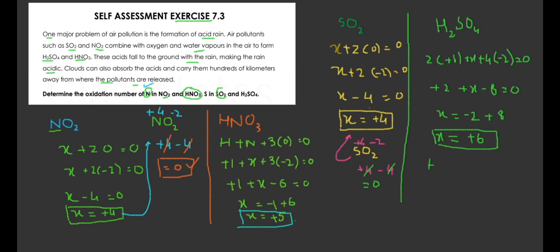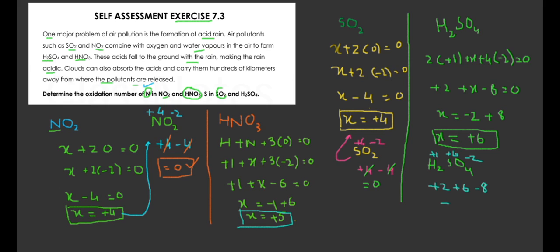Now if you want to check it, you can check it like this, H2SO4. As you know, for oxygen the oxidation state is -2, for hydrogen that is +1, and for sulfur we have found that it is +6. So 2 multiplied by +1 you will get +2, for sulfur that is +6, and for oxygen 4 multiplied by -2 is equal to -8.